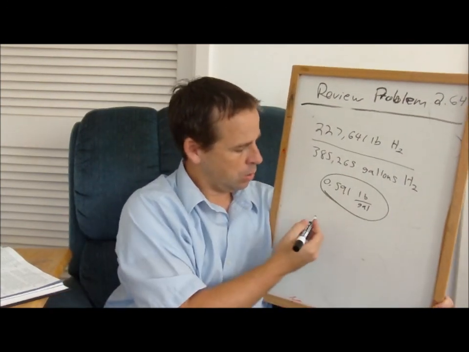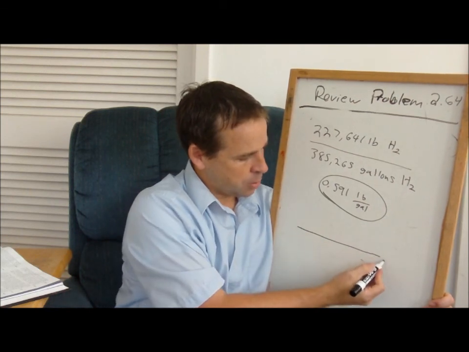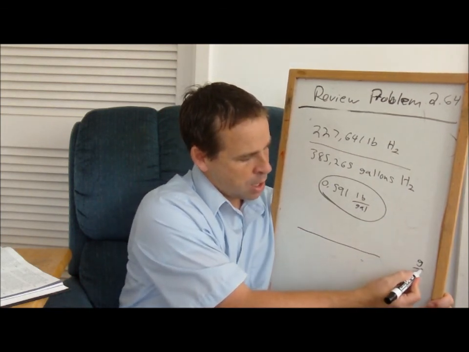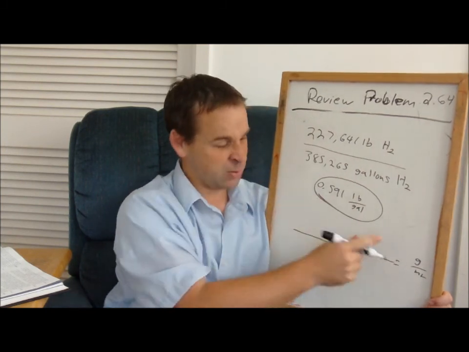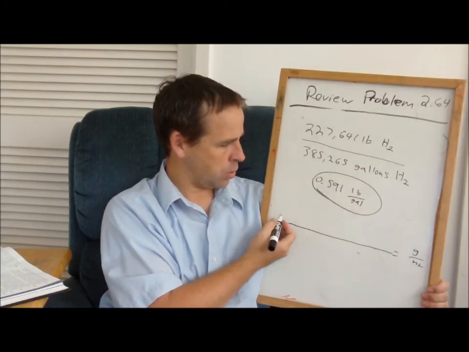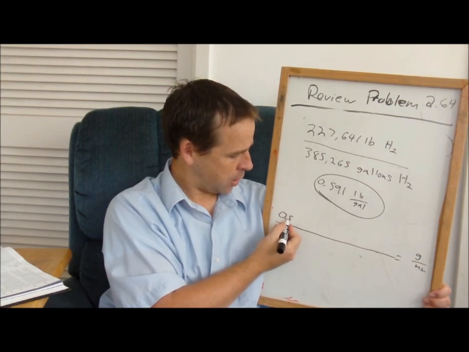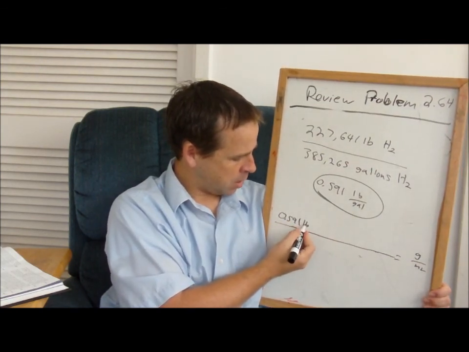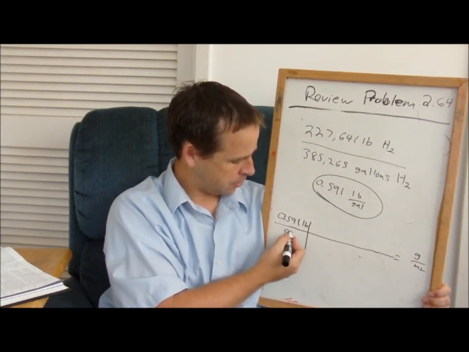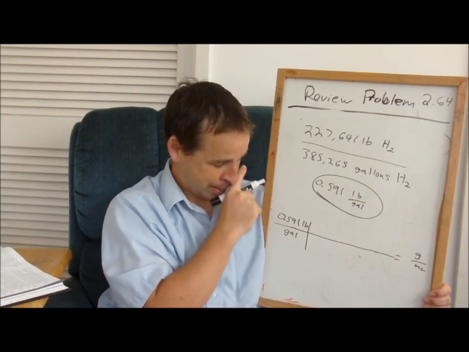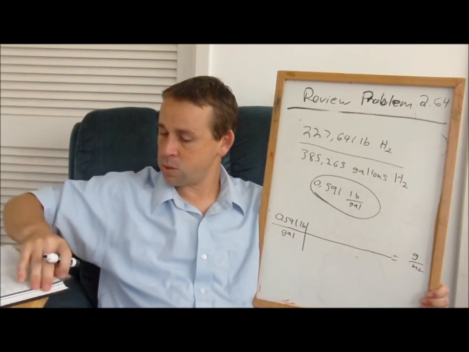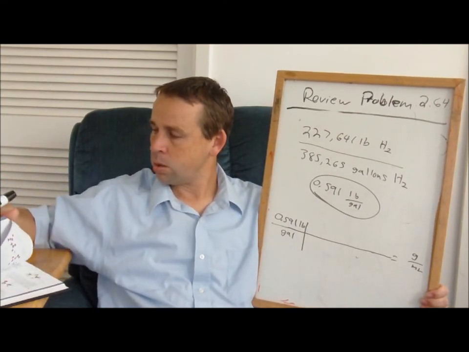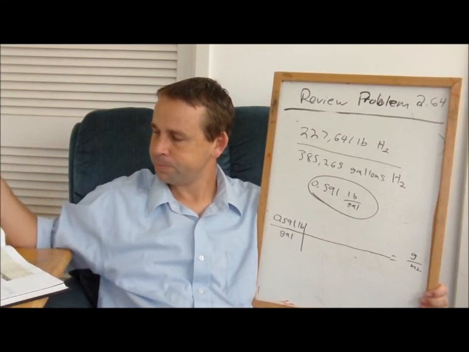All right, so this is a conversion problem. We want the answer in grams per milliliter, equal sign, and then we write over here the units we have: 0.591 pounds per gallon. We need to get pounds to grams, so we can go to our table 2.3.